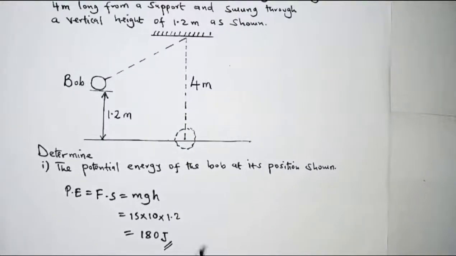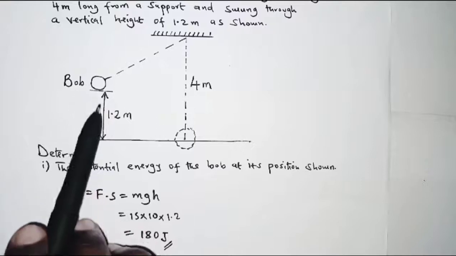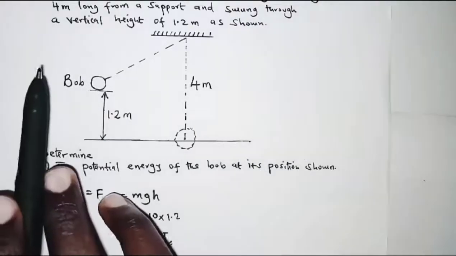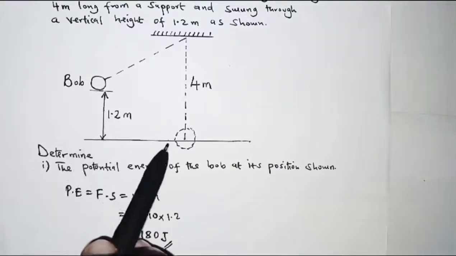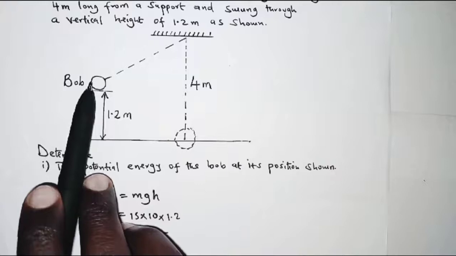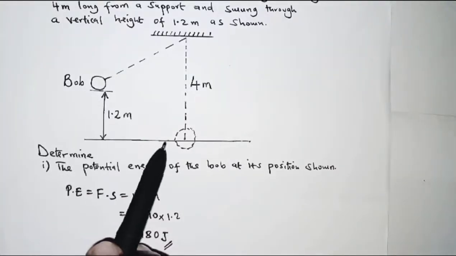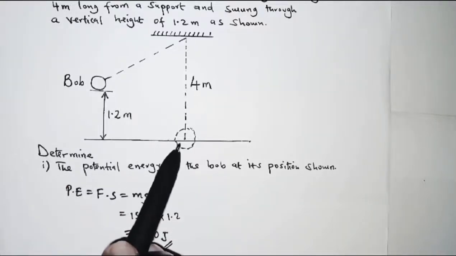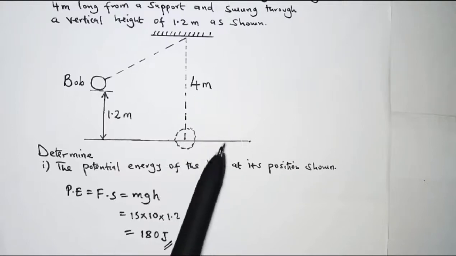So the moment we have raised the bulb up to this height, definitely it will be oscillating to and fro. So from this height, as it moves back to the lowest point, then the potential energy converts into kinetic energy. So by the time it gets to the lowest point, all the potential energies has converted into kinetic energy.